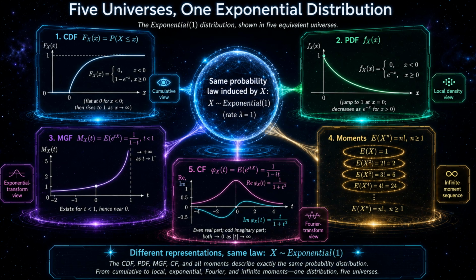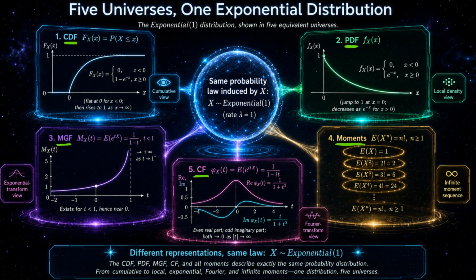If we look at the first universe, that of the CDF of the exponential 1 distribution, it contains the exact same information as does the PDF in universe 2, as does the MGF in universe 3, as does the infinite sequence of moments in universe 4, and as does the characteristic function in universe 5.